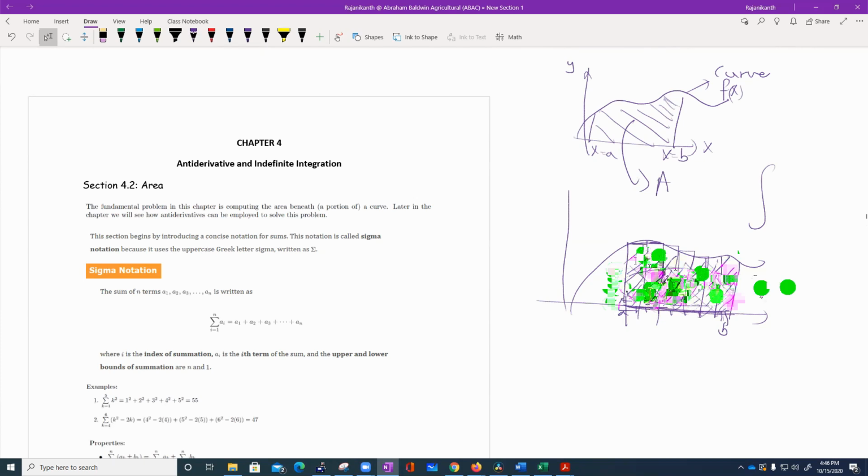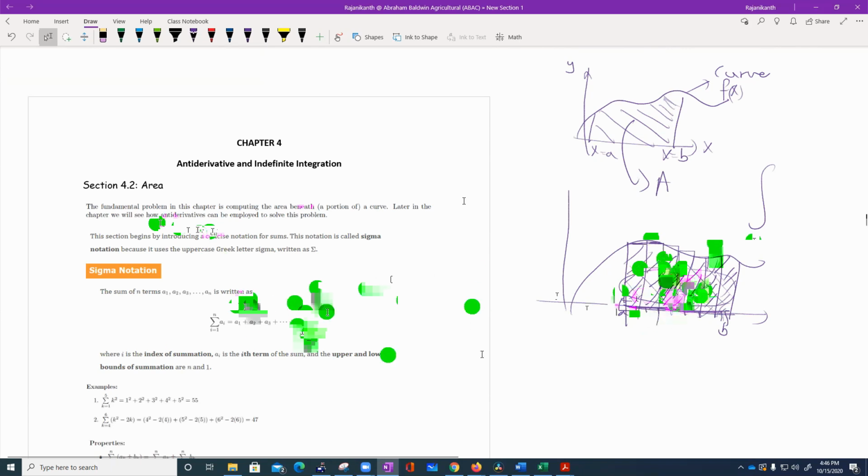Okay, there are two types of approximation of this area. One is called the underestimation. That means our approximation is below the original area. The other one is overestimation, which should be above the original area. So in this section, we find those kinds of areas. For that reason, we introduce some notation here. We use this notation to sum up all the numbers.